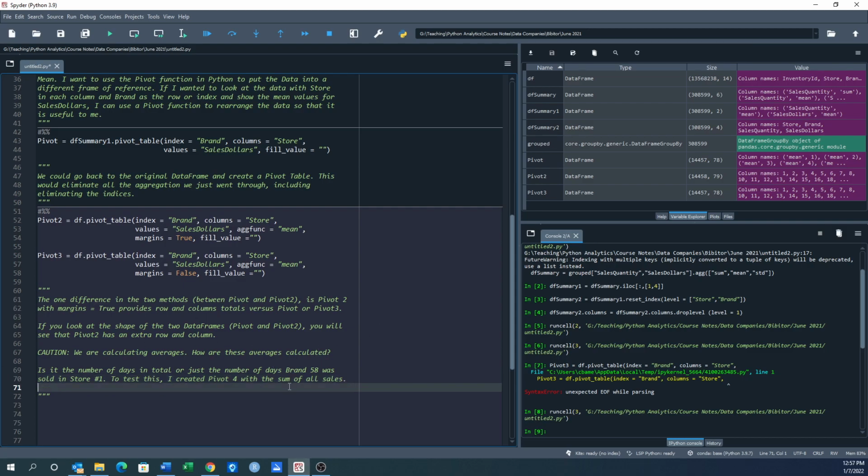So this is what I'm testing. If the average in pivot 2 and pivot 3 are based on every day, then 365 days times the average should get me the total sales found in pivot 4.